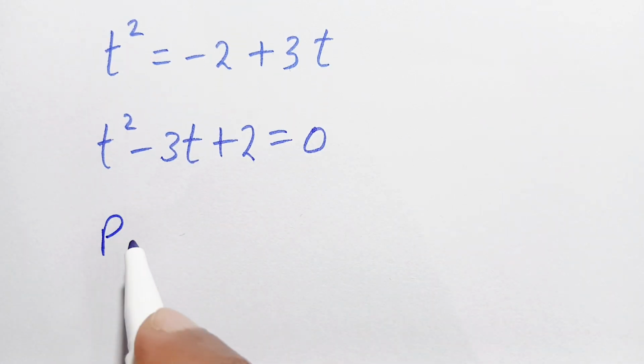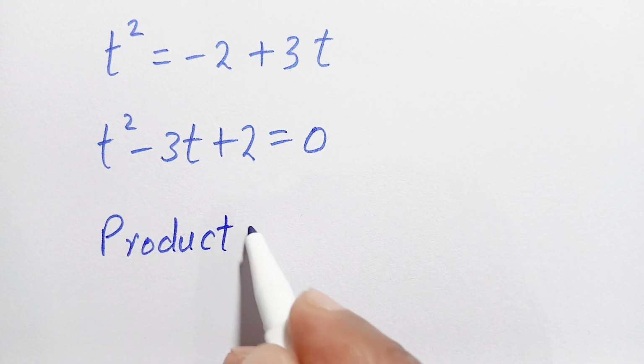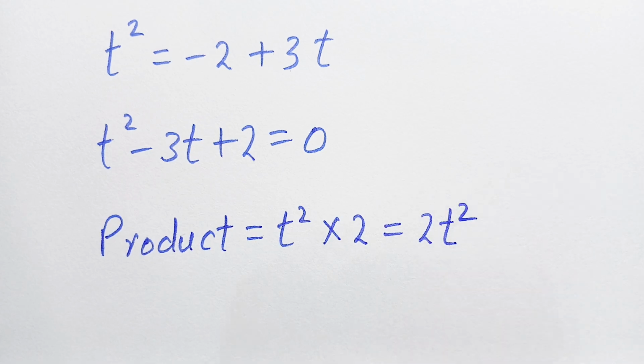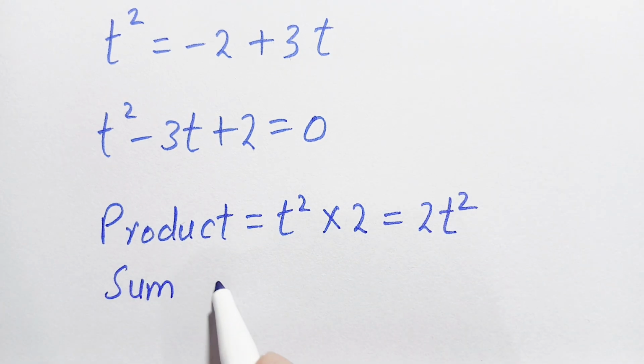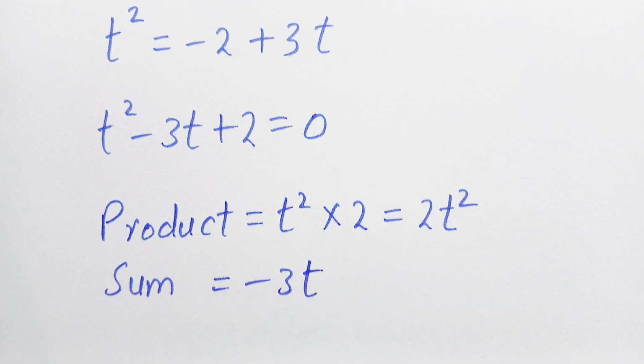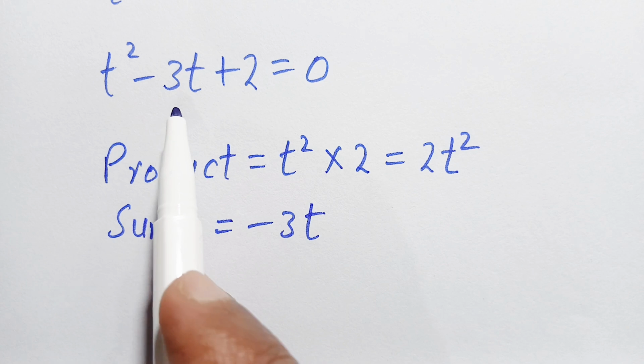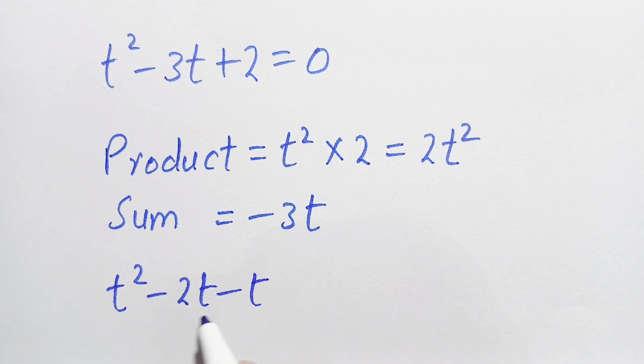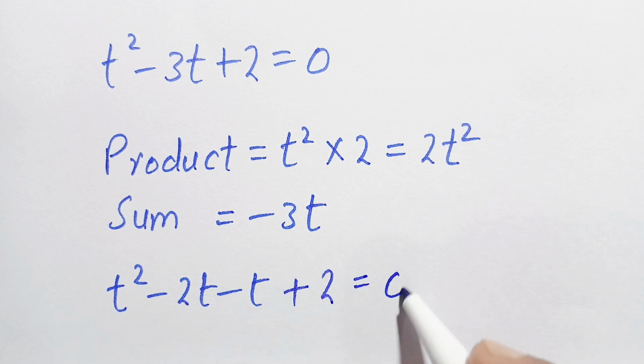Here the product is t square multiplied by 2, which is 2t square, and the sum is minus 3. So we can solve this quadratic equation by the factorization method, that is t square minus 2t minus t, since minus 2t minus t becomes minus 3t, and minus 2t multiplied by minus t becomes 2t square, plus 2 is equal to 0.